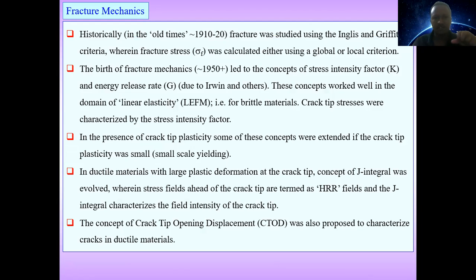The birth of modern fracture mechanics is the 1950s, when more scientists appeared and developed the framework to the current state, leading to the concept of stress intensity factor K and energy release rate G by Irwin and other scientists.